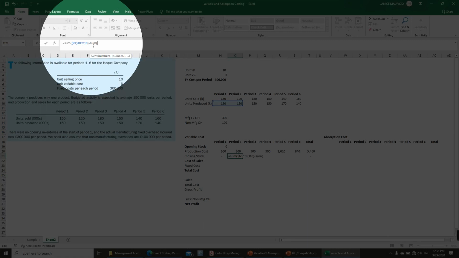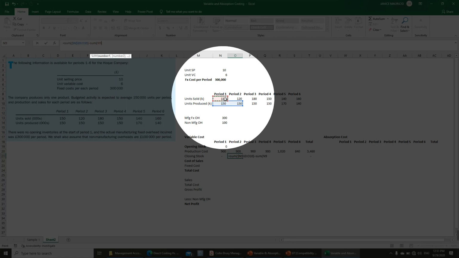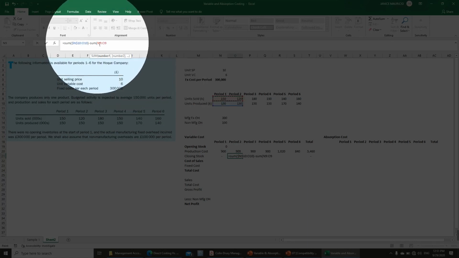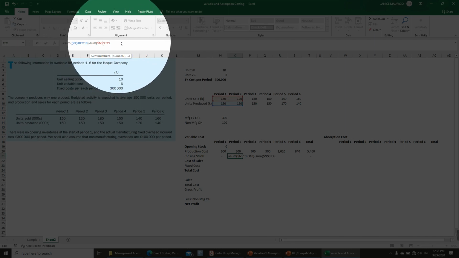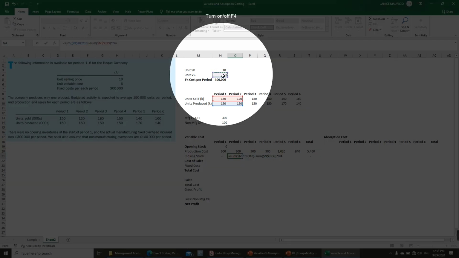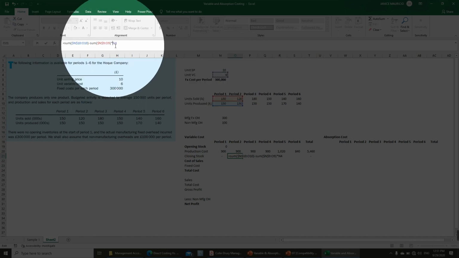Minus sum of this, okay? And remember, we are going to fix the first item, okay? Now, then we multiply it also with this amount, which is the unit variable cost. So again, we have to fix it again.